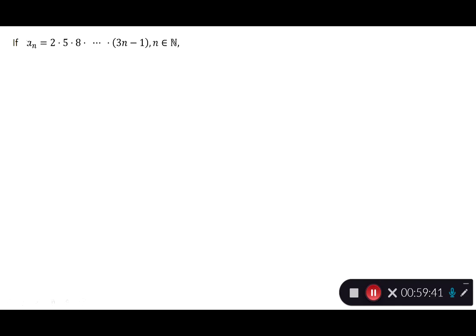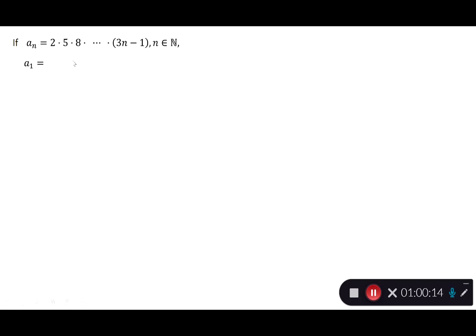I wonder if that's a better way. Let's see how I proceeded. Okay, I said, what is a sub 1? To get a sub 1, we need to start multiplying. Yeah, pay attention to this. The first term we multiply by is 2, and the second term is 5. The third term we multiply by is 8.